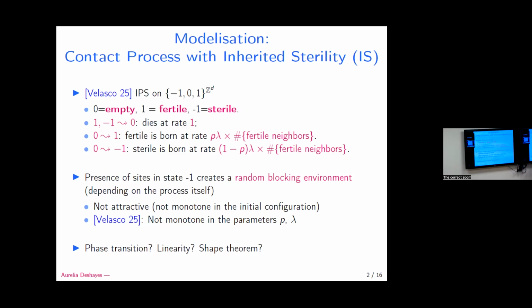And monotone means that there exists a coupling where I can construct two processes with different initial configurations or with different parameters, such that the stochastic order is preserved. So there exists a coupling. Between time 0 and 1, or for the whole time? For all time. So it's also not true that you are monotone if you just check time 0 and time 1, only those times, without doing the middle ones.